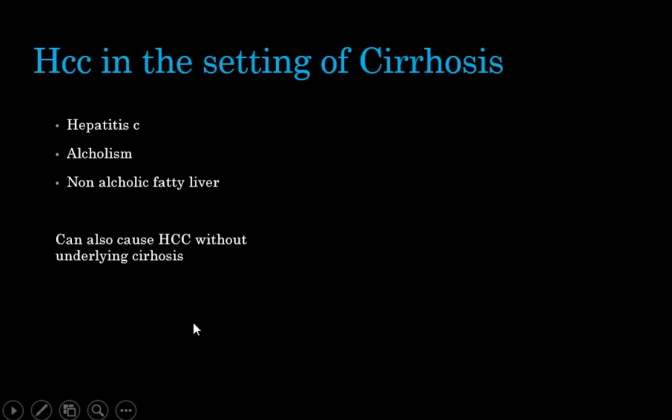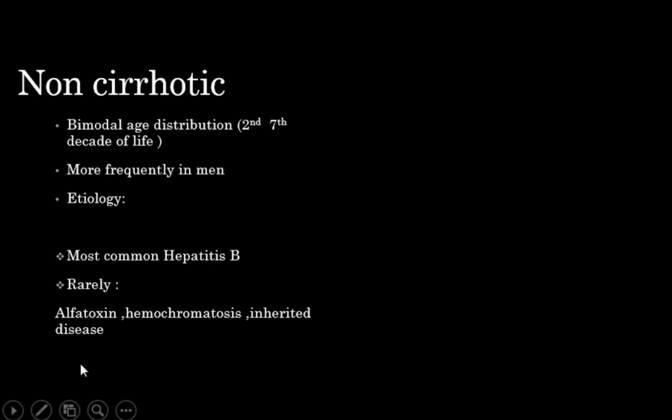These are the risk factors, causes of cirrhosis: hepatitis C, alcoholism, non-alcoholic fatty liver. In non-cirrhotic livers, these are the risk factors. Non-cirrhotic liver has bimodal age distribution, more frequent in males. As I said, the non-cirrhotic type is mostly in males and old age.